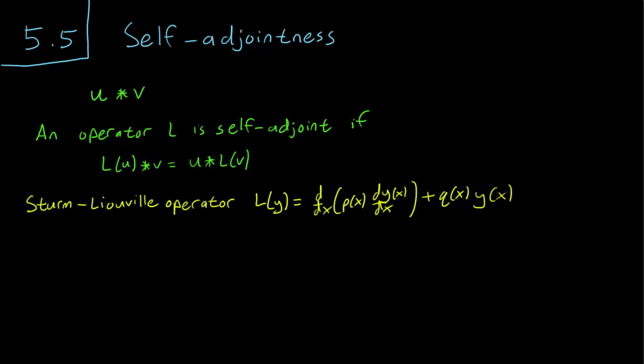So let's consider the Sturm-Liouville operator. And we're going to define our multiplication star. In this context, our multiplication is going to be the integral from a to b of u(x) v(x) dx. So multiplication is just regular multiplication, but including an integration from a to b.